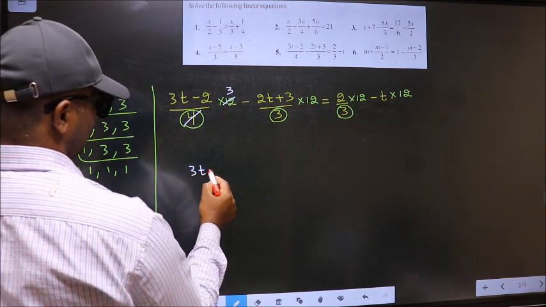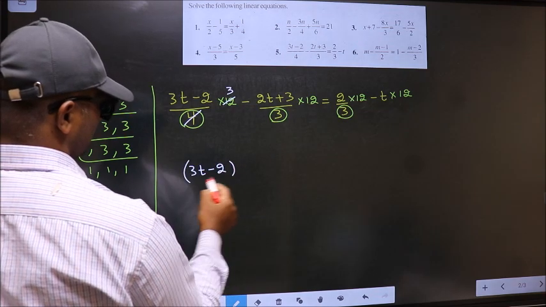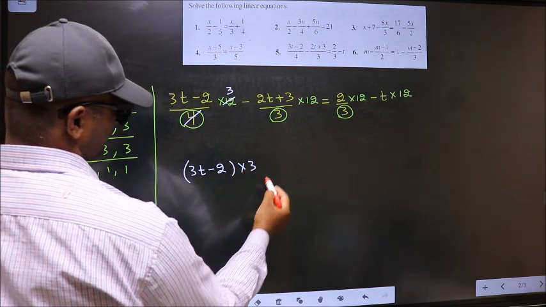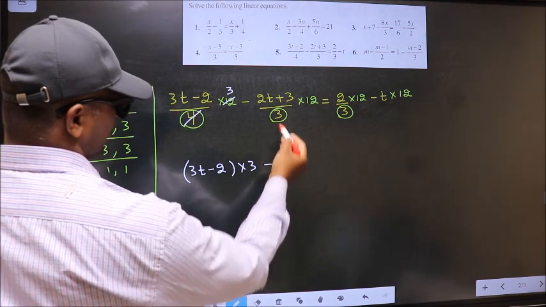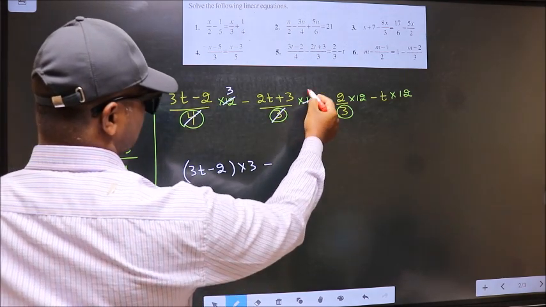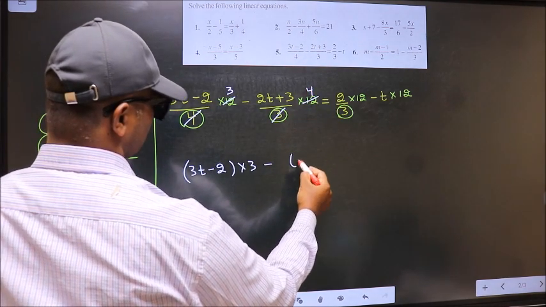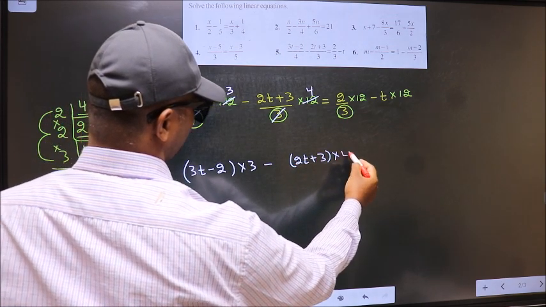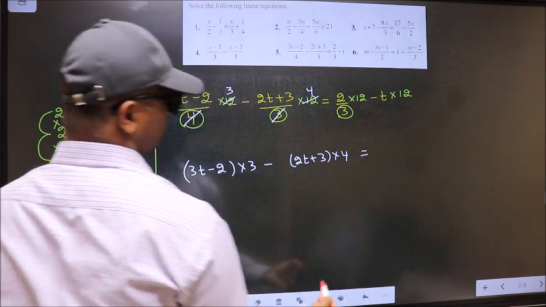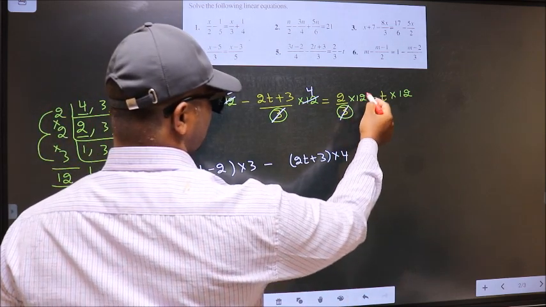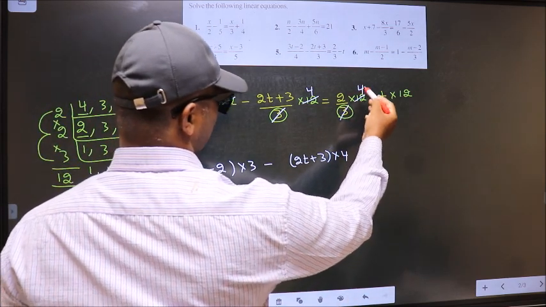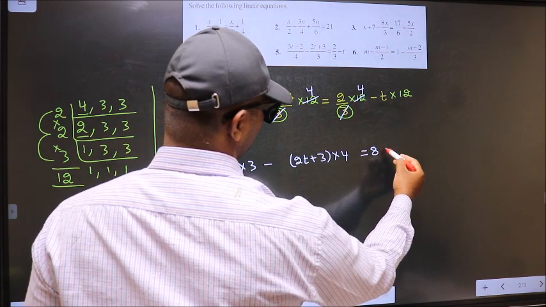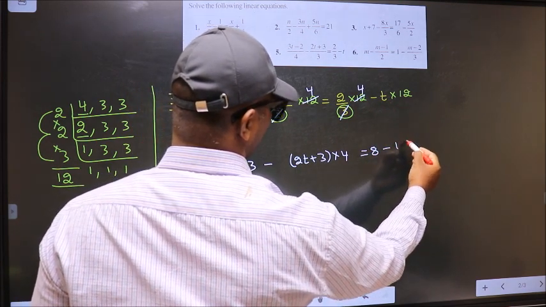So we get 3t minus 2 into 3 minus, here also you cancel 3 1's, 3 4's. So we get 2t plus 3 into 4 equal to, here also you cancel 3 1's, 3 4's. So 2 into 4, 8 minus, here we get 12t.